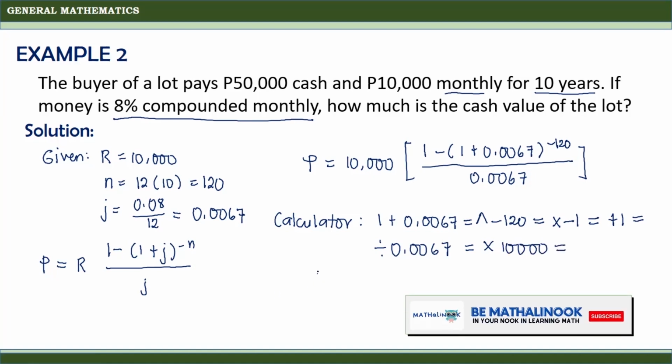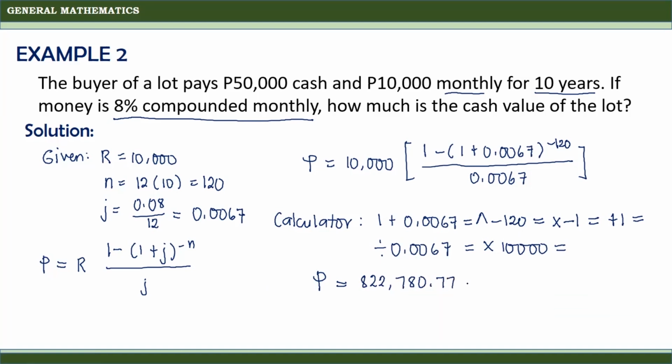Finally, the calculator will show us the value 822,780.77. However, this is just the present value, and we were asked for the cash value.